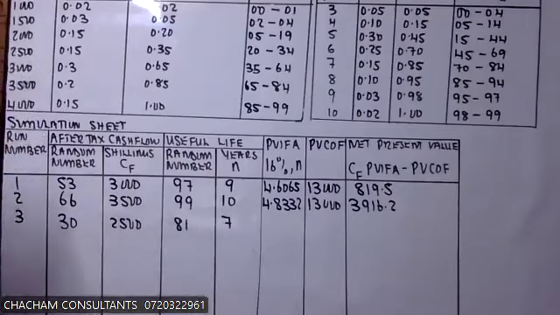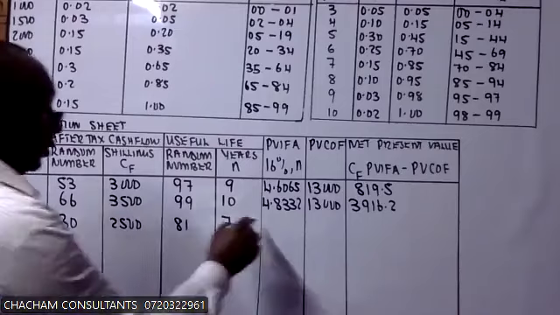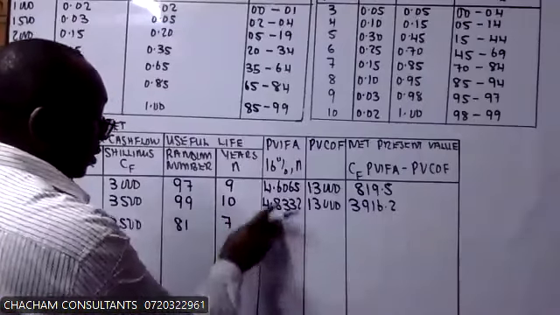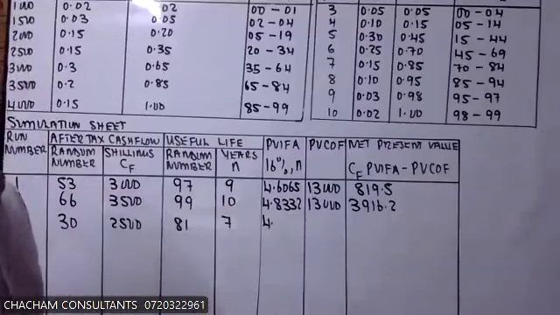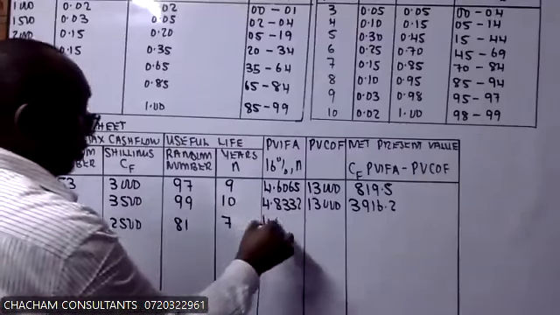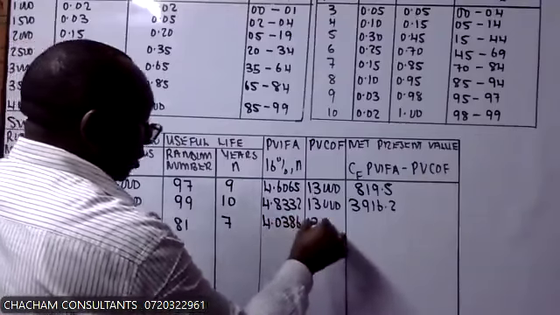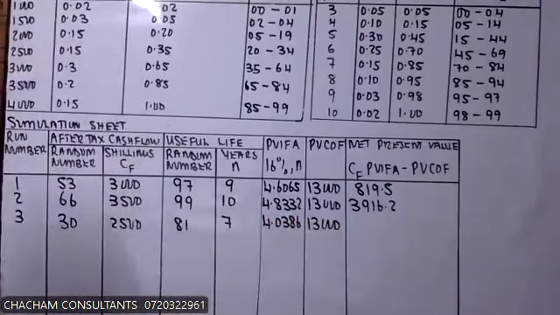So read for me that PVIF. $4.0386. This is 13,000.